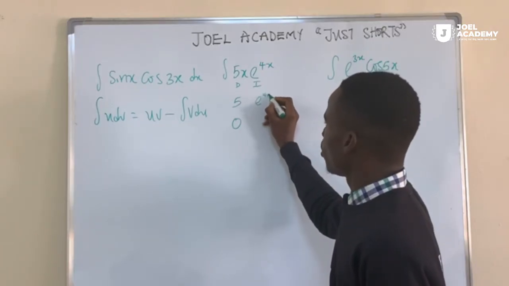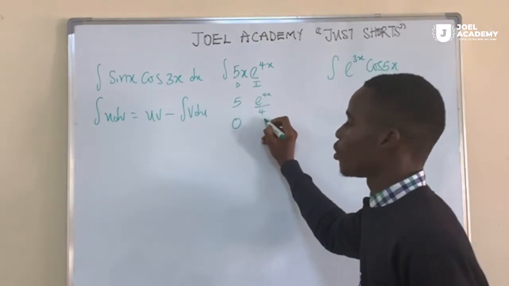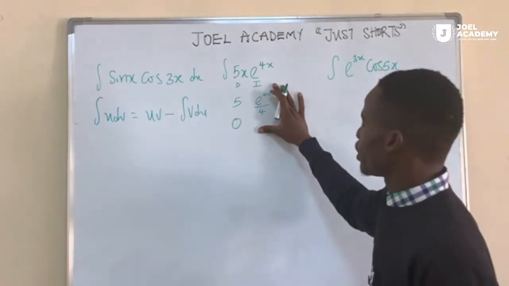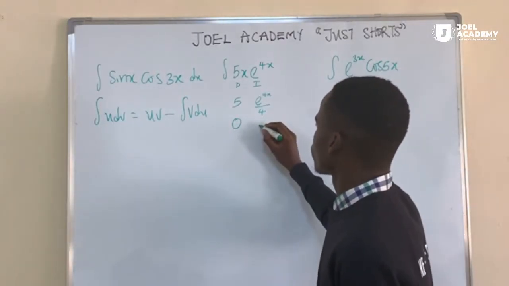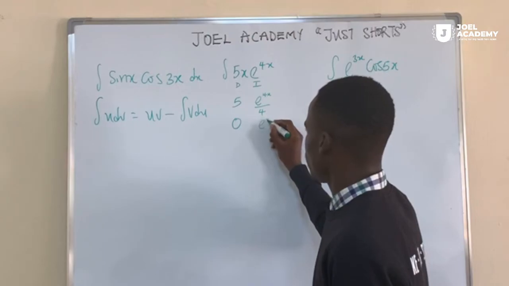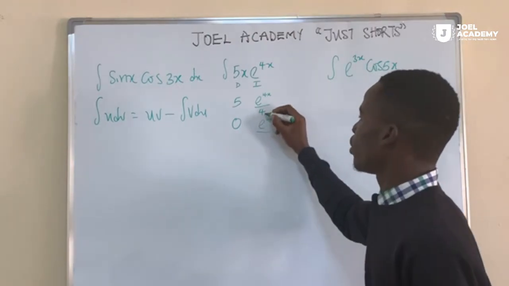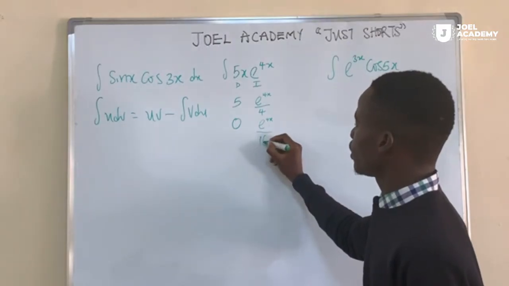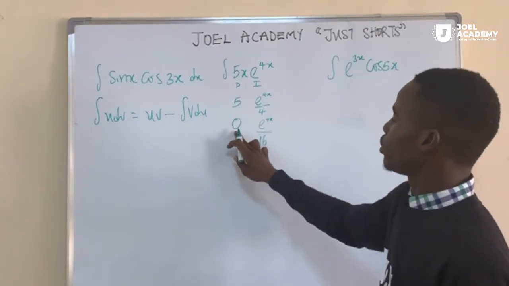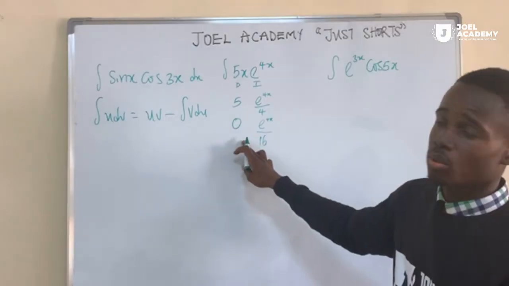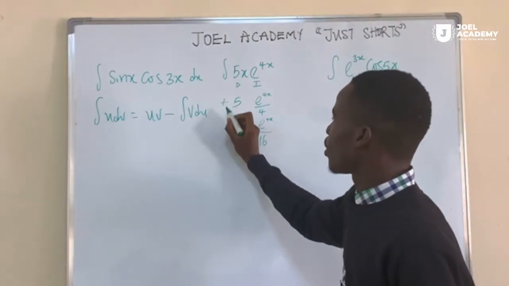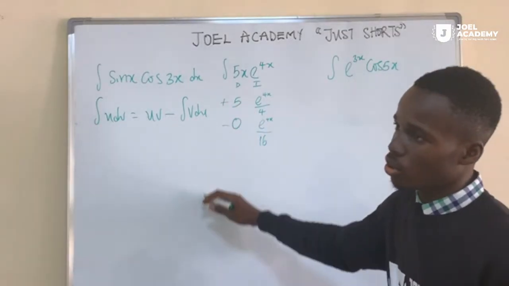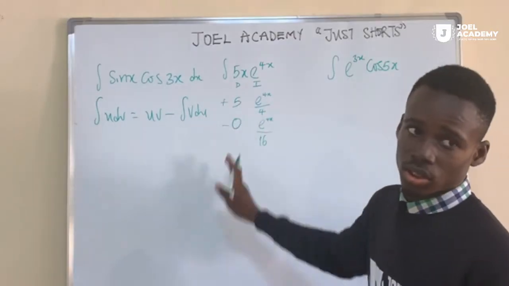Now, for this, if we choose to integrate exponential 4x, remember I told us we will still have exponential 4x, but then over what? 4. That's one. If we decide to integrate again, what do we have? We'll still have exponential 4x, but now over what? 4 times 4, which is what? 16. So now, since we've reached where we have 0, we stop. We put our sign plus, minus, goes on like that, if it still proceeds.